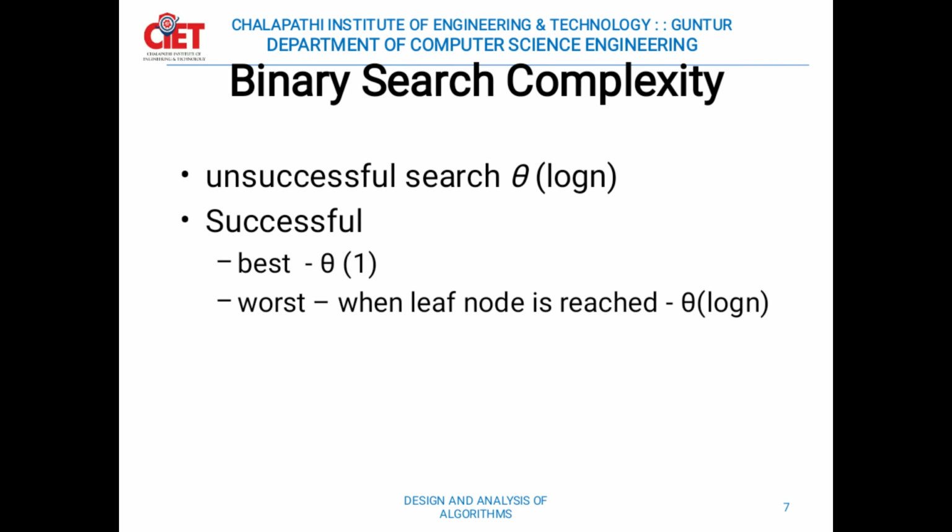Such a type of search is called worst case search. Best case means the middle element is the key element. It is the best one. It takes only one comparison, whereas the worst case requires log n time complexity.